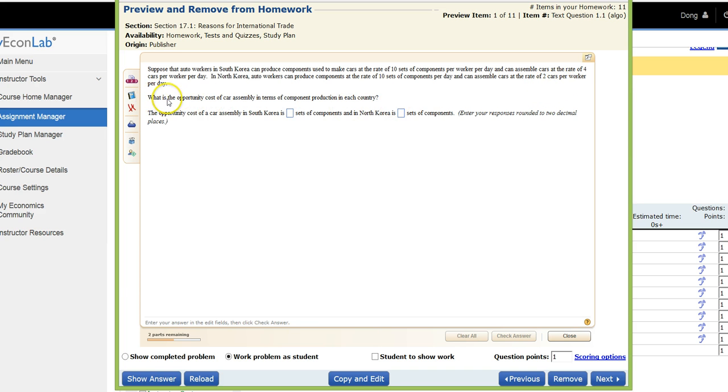And the question is, what is the opportunity cost of car assembly in terms of component production in each country? So the opportunity cost is defined to be, in this case, suppose the workers, instead of assembling the cars, produce components within the same time.